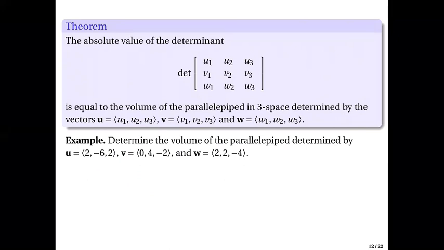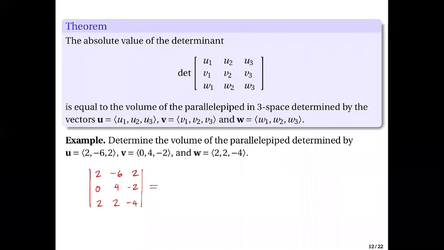First, you just need to get the determinant of the matrix whose entries are given by these vectors. So you have 2, -6, 2, 0, 4, -2, and then 2, 2, -4.